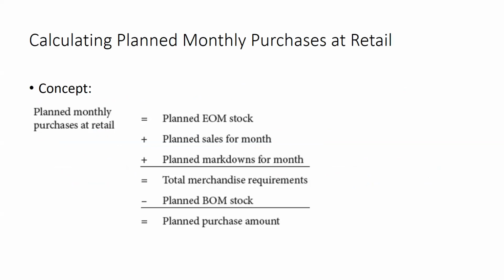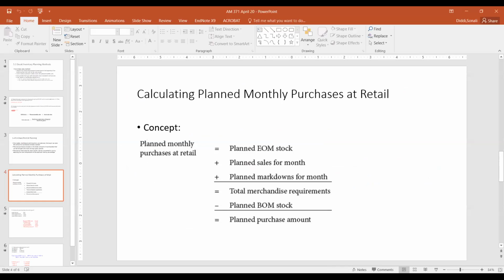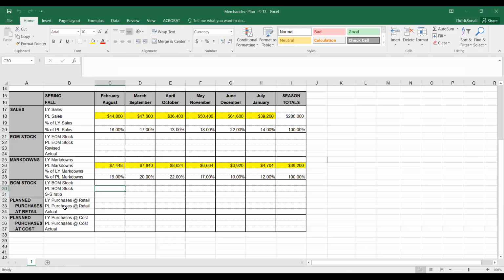So this is your formula for your planned monthly purchases at retail, which is planned EOM stock plus sales plus markdowns, which would equal total merchandise required, minus BOM, which would give you your planned purchases. I'm going to do a new share again. So this is what is your planned purchases at retail on your merch plan.